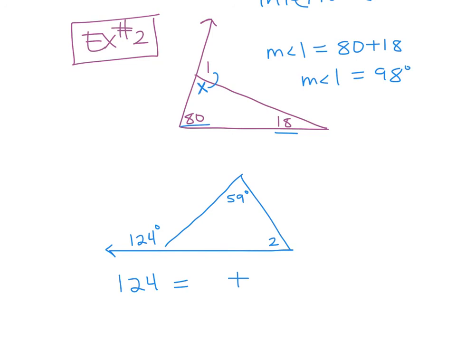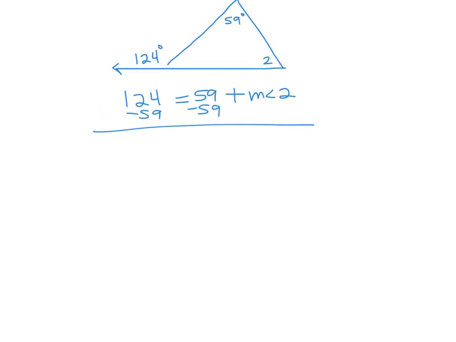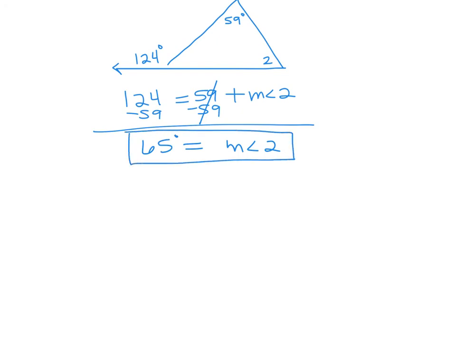Which two angles do you have to add together? 59 and angle 2. So it'd be 59 plus the measure of angle 2 should equal 124, and then you'll just take that 59 away. Okay, so that means the measure of angle 2 equals 124 minus 59, which is 65 degrees. Okay, so that's remote interiors with an exterior.